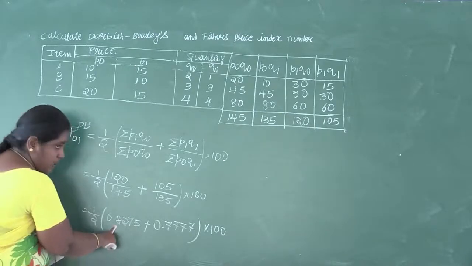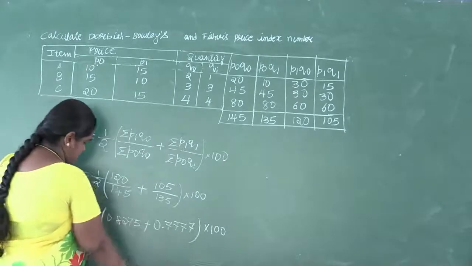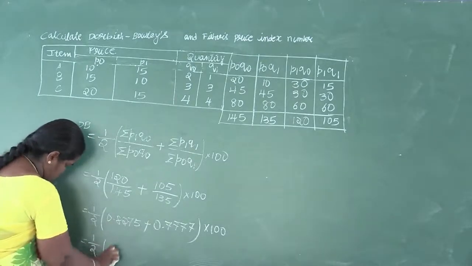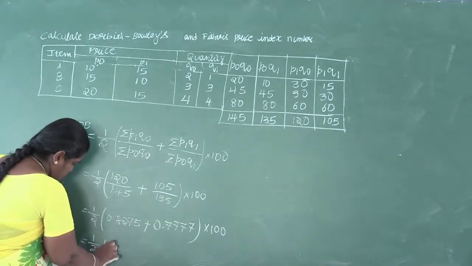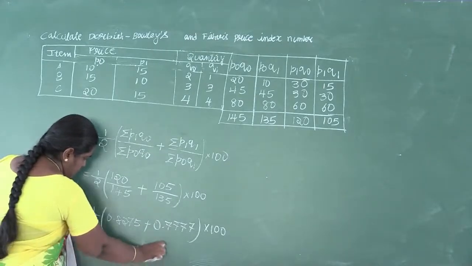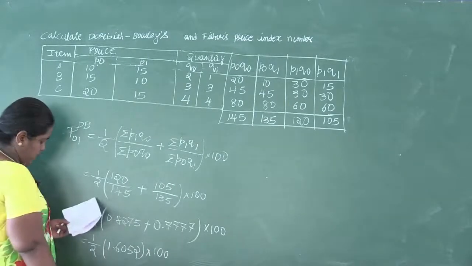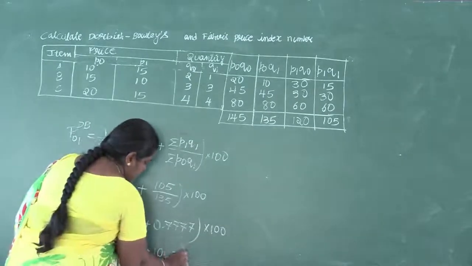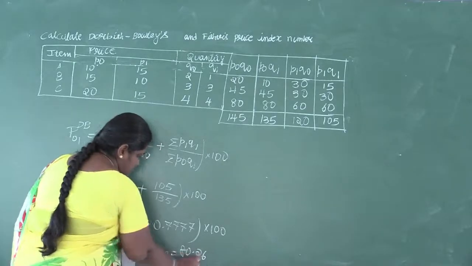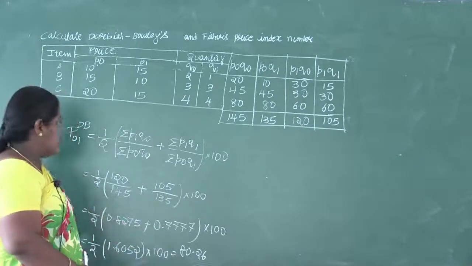Then add 0.8275 and 0.7777. So we'll get 1 by 2 into 1.6052 into 100. Multiply with 100 and then divide by 2. We are going to get the answer as 80.26. So the final answer is 80.26.